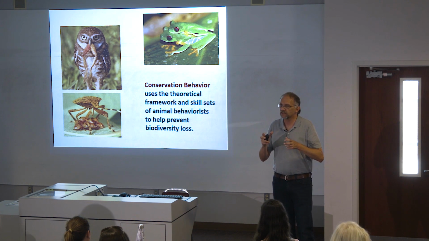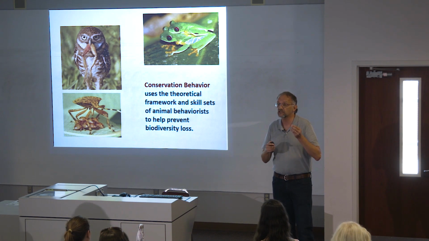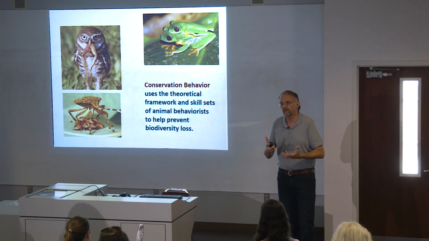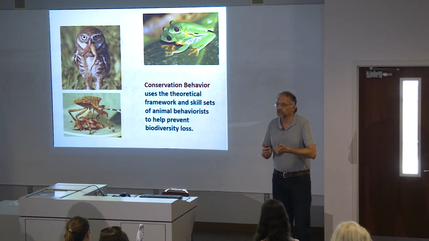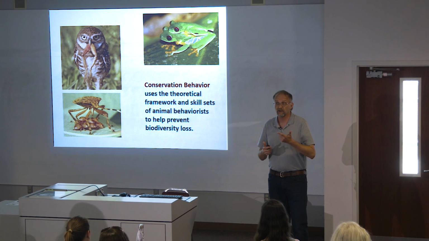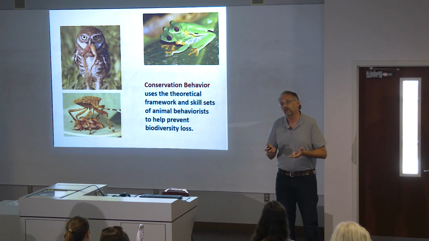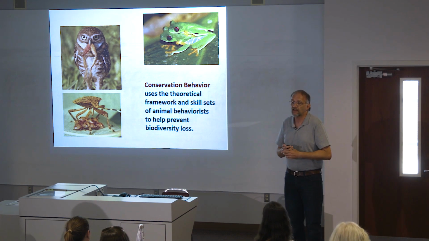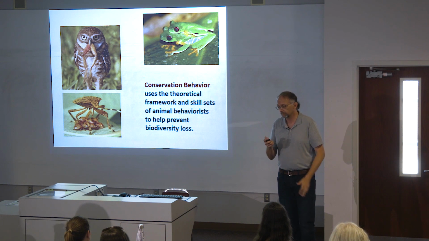And this is not just those who call themselves animal behaviorists, but also comparative psychologists and neuroethologists and behavioral ecologists. All those people who are interested in variation within individuals and their behavior, variation between individuals and their behavior, and differences between species. All of those people who study those things have skills that can help conservation.